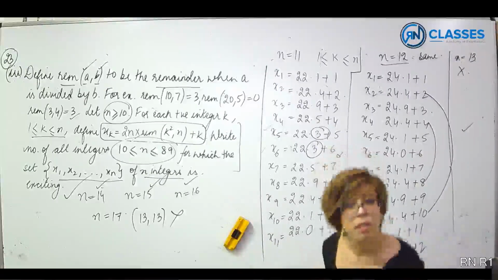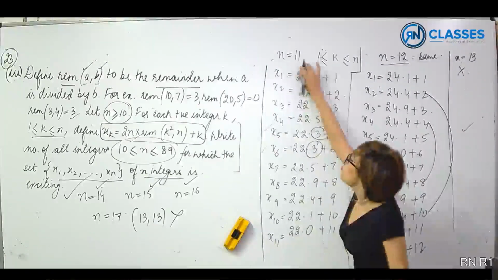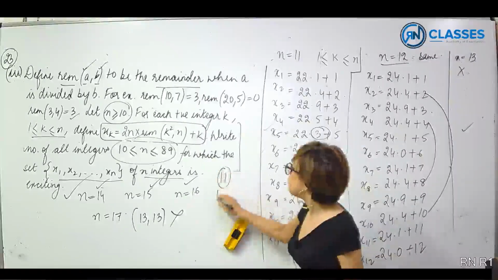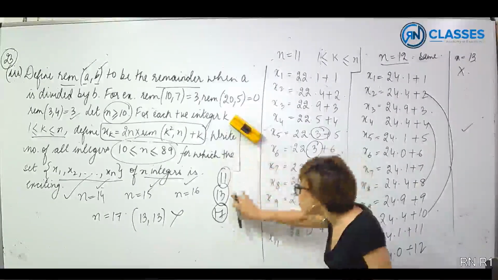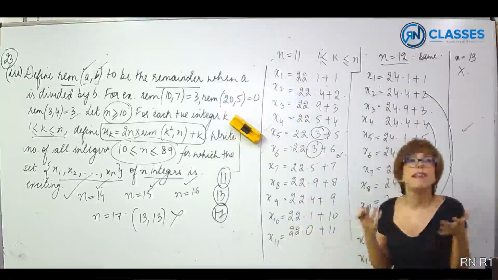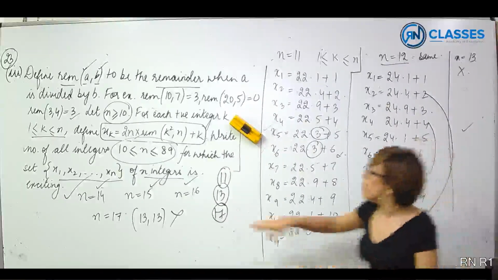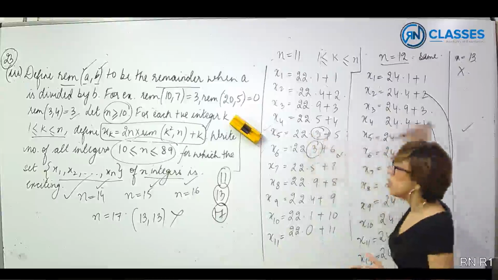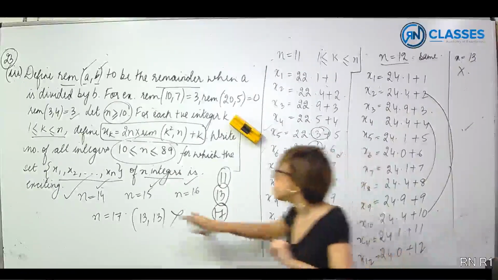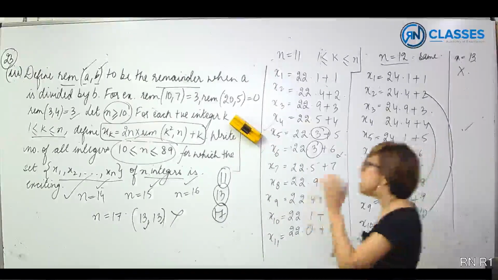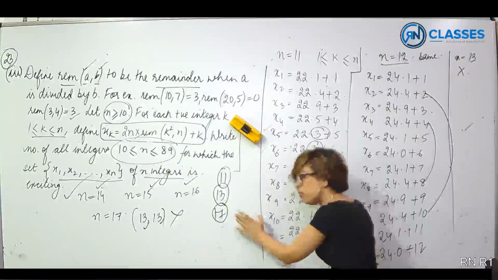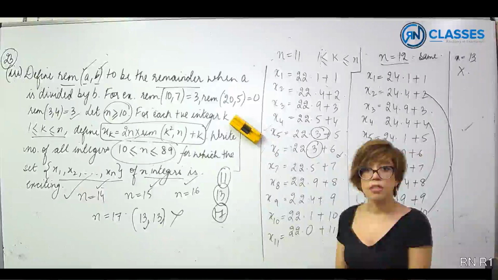So, what are you observing here? Whenever n is a prime number, it happened with 11, it happened with 13, it happened with 17, right? Whenever the prime numbers occurred, there were no exciting subsets because repetition occurred here. 13, repetition again was there, 17, repetition again was there, right? So that means whenever n is prime, we cannot find the exciting subset, right?